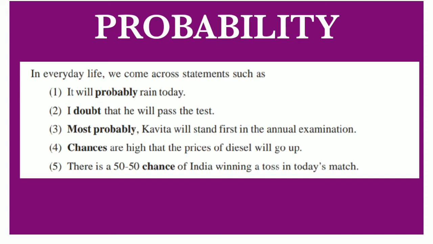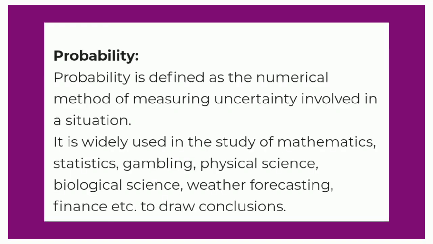That means sometimes it happens and sometimes it does not happen. That means we cannot predict the correct answer before these experiments. See, these five are experiments. Before an experiment, we cannot say the correct answer.